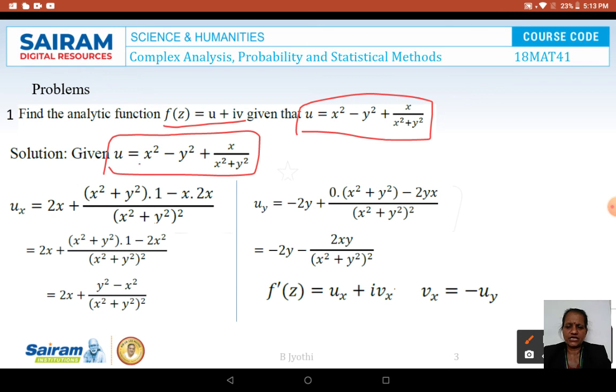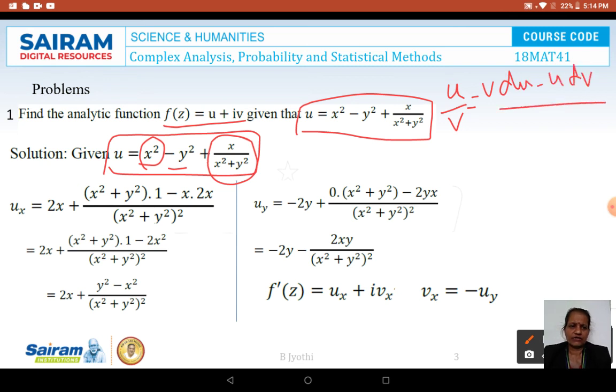When I differentiate this, the x squared derivative is 2x, whereas the y squared derivative will be 0. And when it comes to the third term, x divided by x squared plus y squared, we will apply the u by v quotient formula. What does it say? v du minus u dv divided by v squared, where x is u and x squared plus y squared is v.